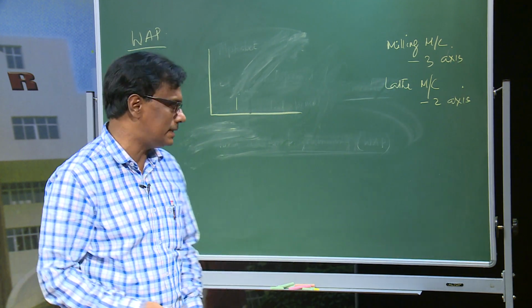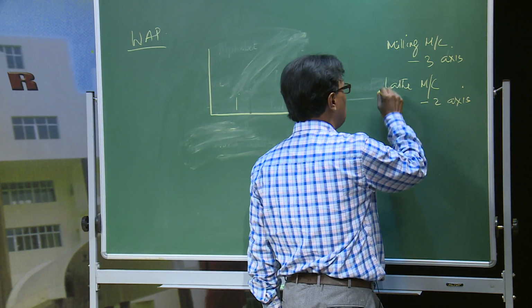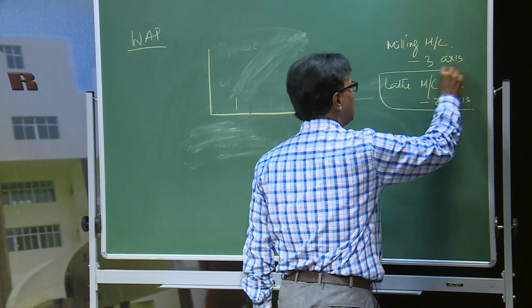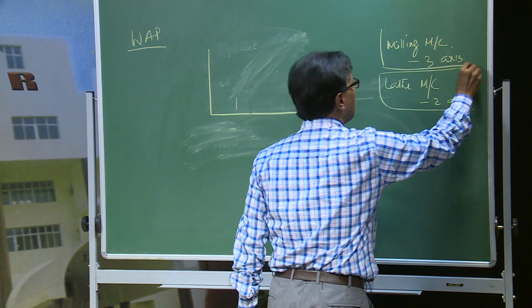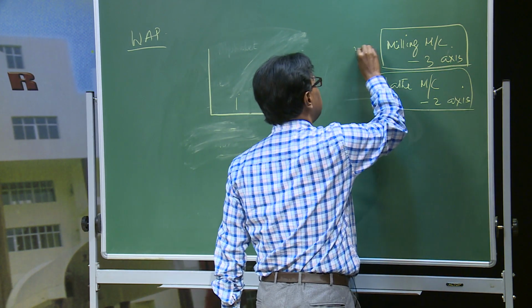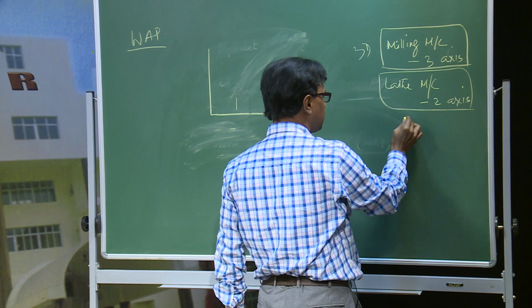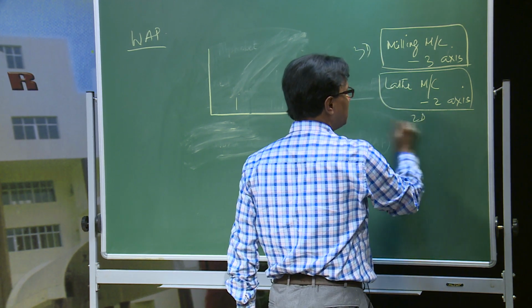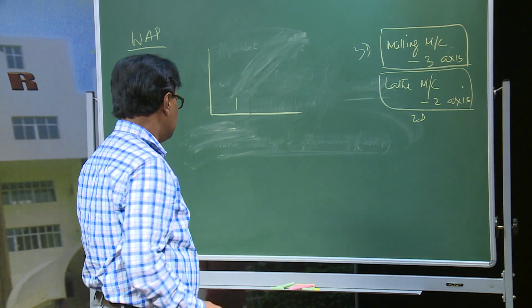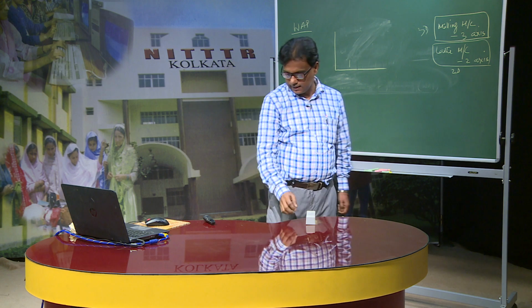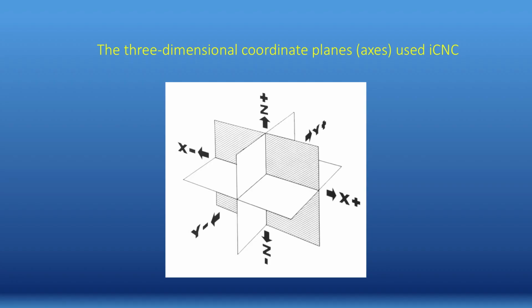So, in case of a lathe I have to follow a 2 dimensional coordinate system. In case of milling I have to follow 3D. Here you will see that this is a 3 dimensional coordinate system.